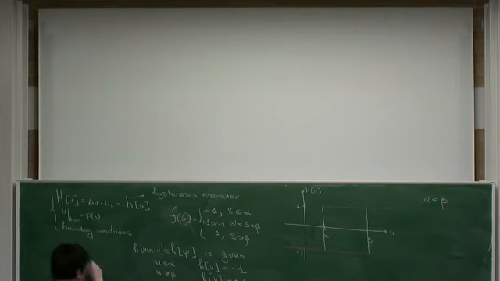How can we define it? We have a point x at time t such that the value of u at that point lies in this interval.